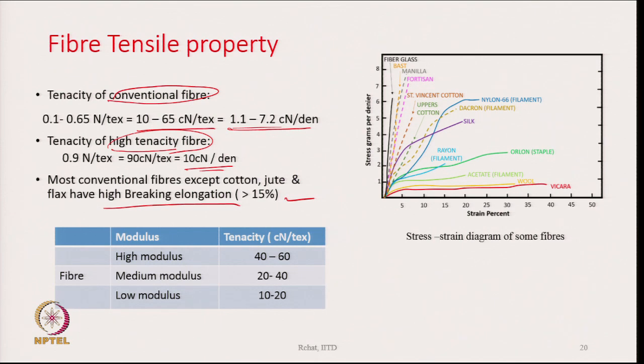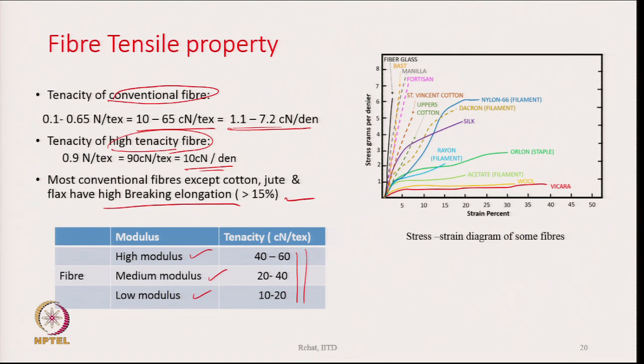And modulus is also very important, and fibers can be classified as high modulus, medium modulus or low modulus fibers depending upon their modulus. And for different moduli, the typical tenacity values are quoted here.